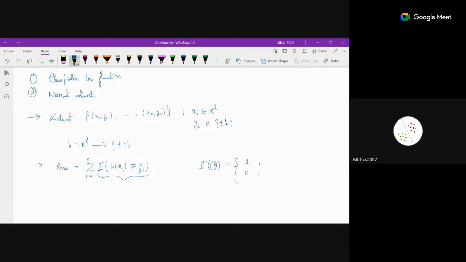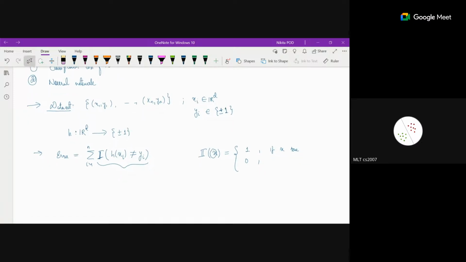Otherwise, we are going to give it as 0. So if x is true, we give it as 1, and if x is not true, we give it as 0. So for a classification example, in case my true label is not equal to my h of xi, I am going to give it a value 1. Otherwise, it is 0. So all the number of mistakes that the model is making, that is what my error function is giving here.